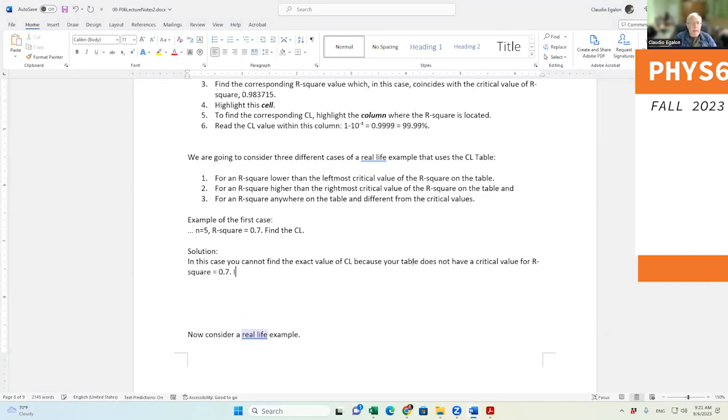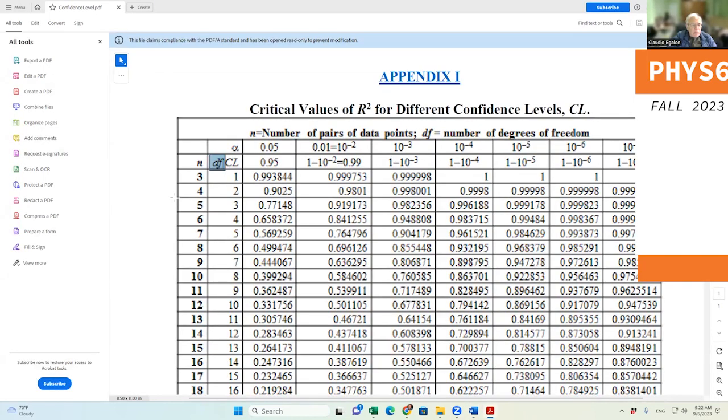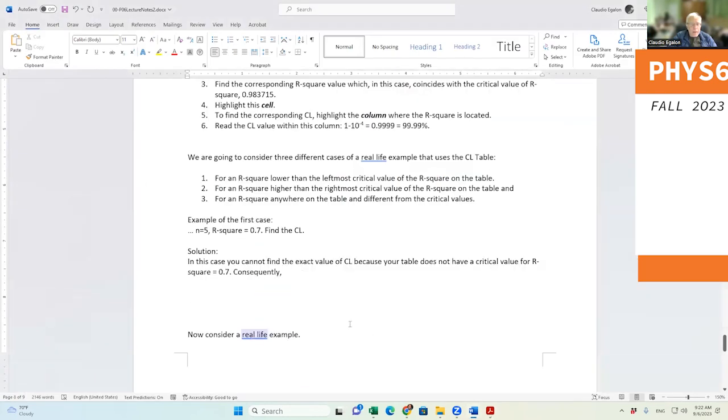Going back here, for n equal to 5, there's no critical value for 0.7. You have a critical value for 0.77, you have a critical value for 0.91, and so on. For this reason, your result will be a range of values of CL.